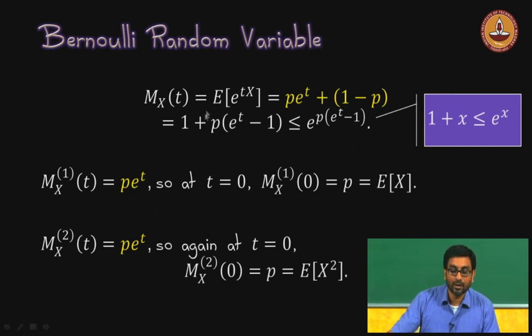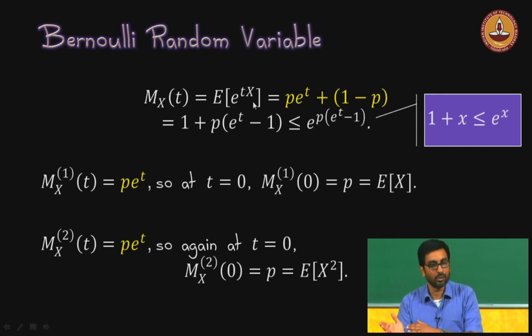So, what is the moment generating function? That is the expectation of e to the t x. What is this expectation? Well, with probability p, it is going to take the value e to the t, because x is 1 with probability p and 0 with probability 1 minus p.